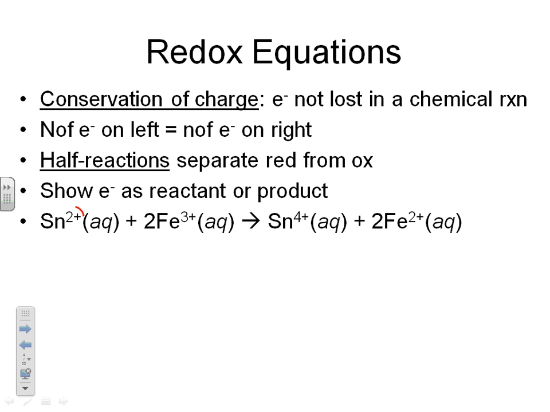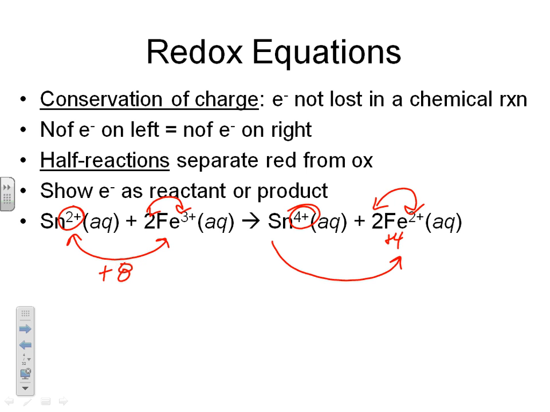We get a total of a +2 charge from the tin on the left, and then 2 times +3, we get a total of +6 from the 2 iron 3s on the left. So all together, we get a total of a +8 charge. And then on the right side, we've got +4 from the tin, and then 2 times +2, that's +4 as well. So total on the right, we've got a +8 charge.